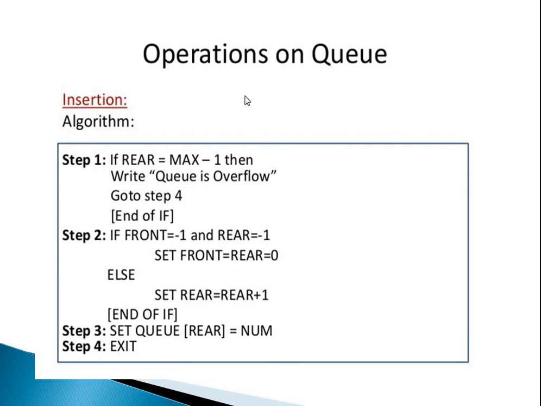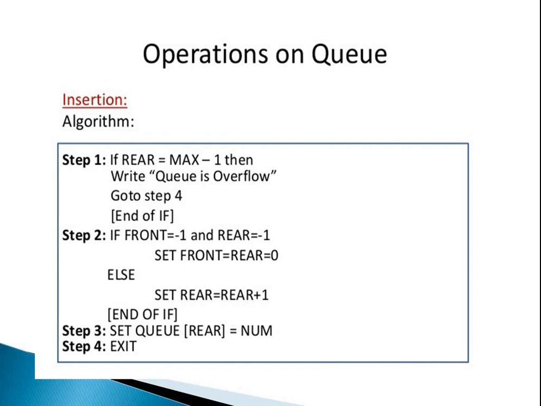That means the condition will become overflow. So if rear equals max minus 1, you will write that the condition is overflow. Then we go to step number 4, that means we exit and we cannot insert any new element.